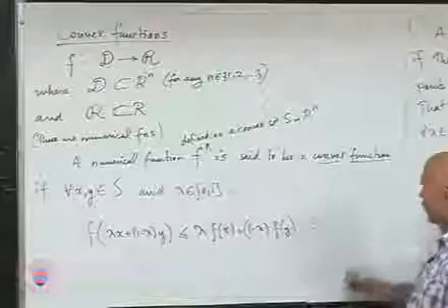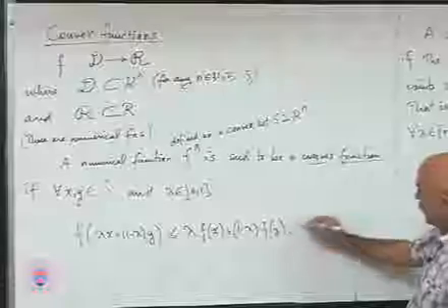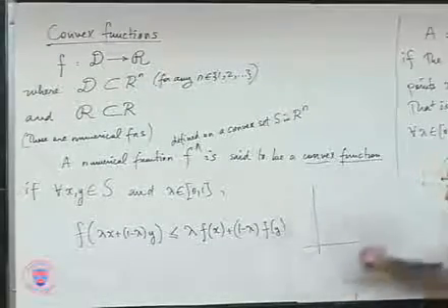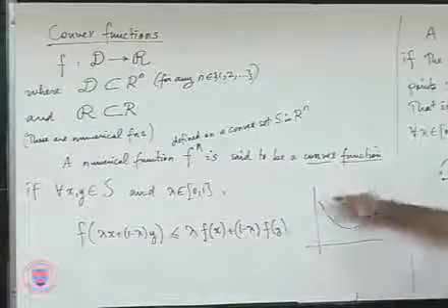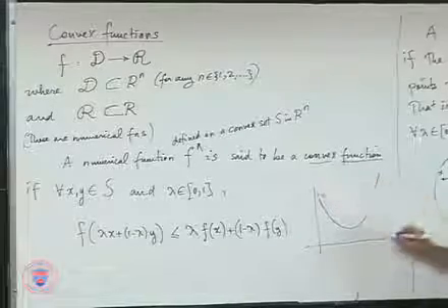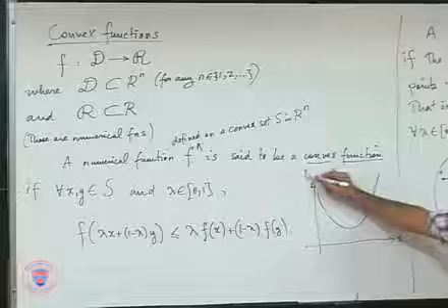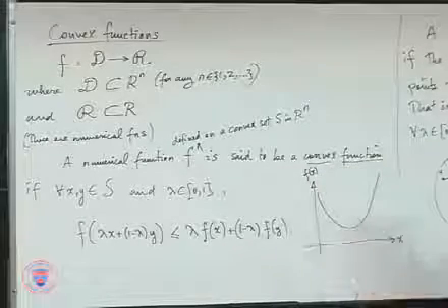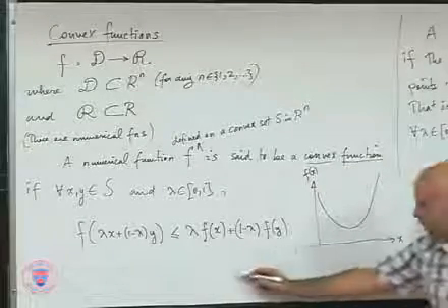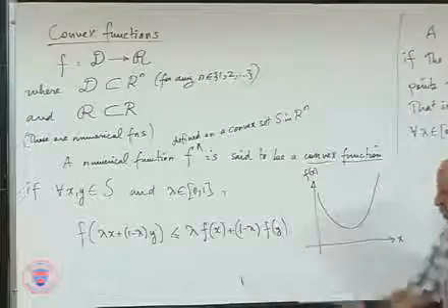Okay? So, for a one-dimensional example, if your function looks something like this, with x here, f of x on the vertical axis. So in this case, my domain for the function is the real line.